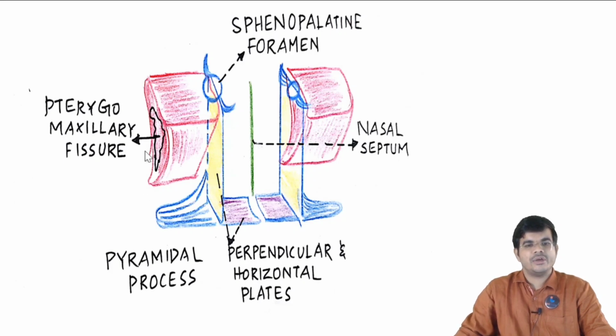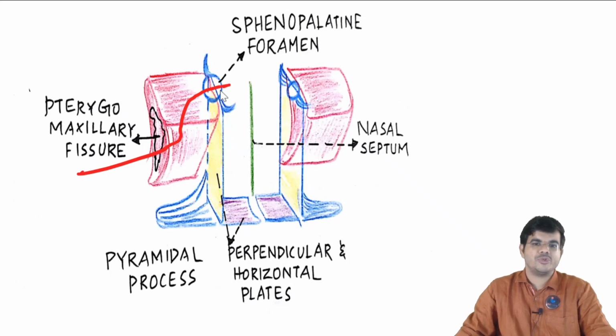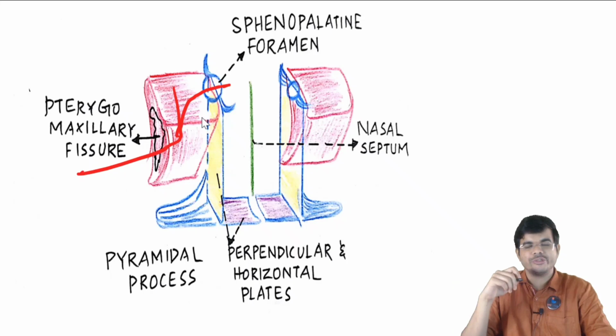Through that the internal maxillary artery enters into the pterygopalatine fossa, and from there it gives the branch sphenopalatine artery, which goes through the sphenopalatine foramen to supply the nose. Okay, internal maxillary artery gives the branch called sphenopalatine artery, which goes to the sphenopalatine foramen.